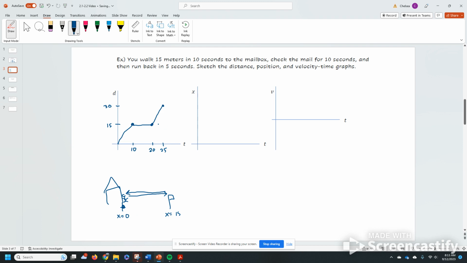So the difference here is that for this last part, where I increased my distance further, I have to make it back to the x-axis. So start at 0, 10 seconds later, I'm out here at 15 meters. So that part looks the same. I stand still for 10 seconds. But then I have to get back to where I started, back to the x-axis at 25 seconds. So it looks like that.